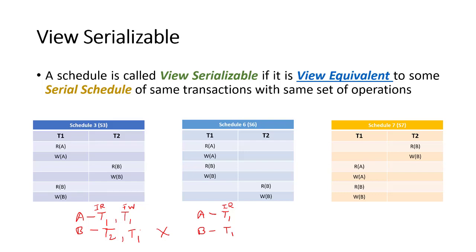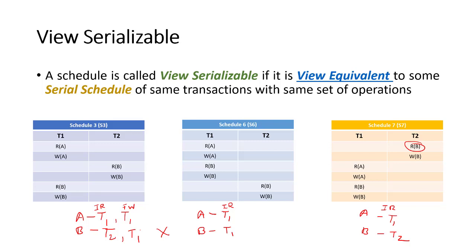So for data item A and data item B, which one is performing the initial read operation? For data item A, T1 is performing the initial read operation. For data item B, T2 is performing the initial read operation. T1 is reading a data which is written by T2.